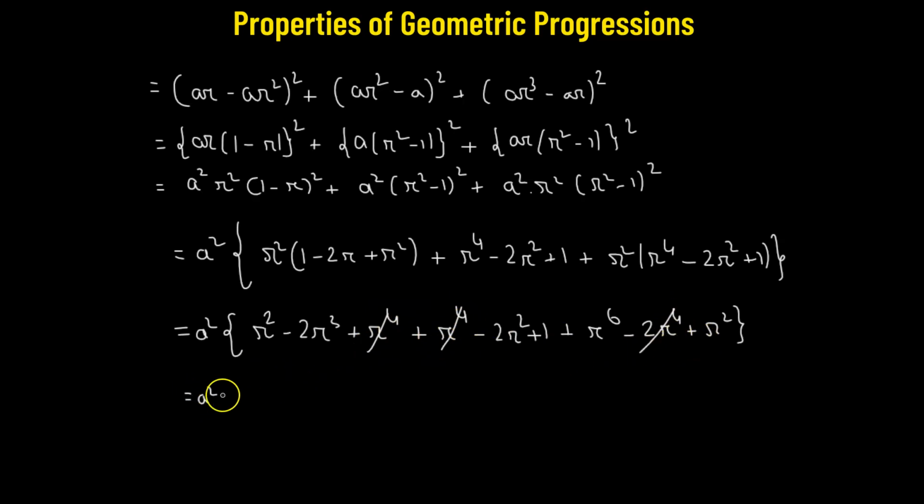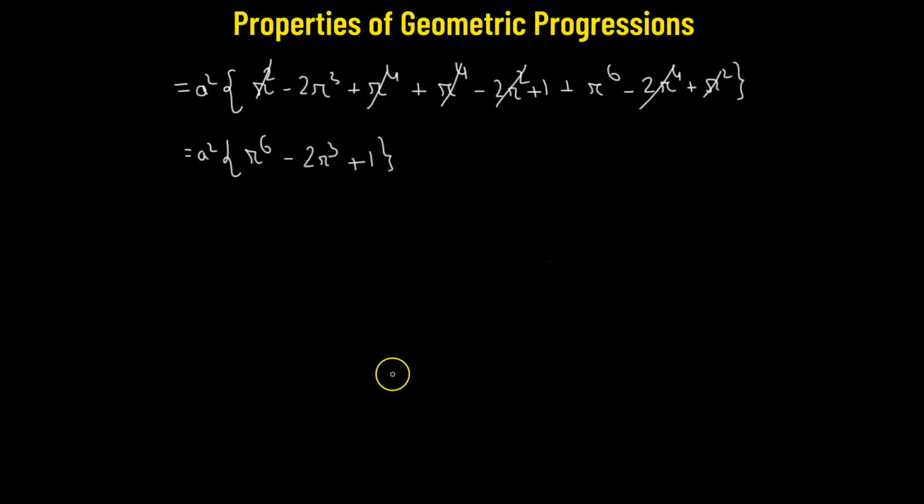Now we have a squared times (r raised to the power of 6 minus 2r cubed), so r squared and negative 2r squared go away, and then we are left with plus 1. Right. So this is simply a squared times (r cubed minus 1) whole squared.